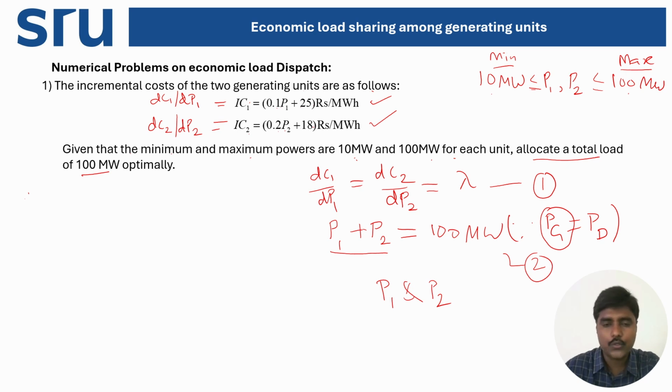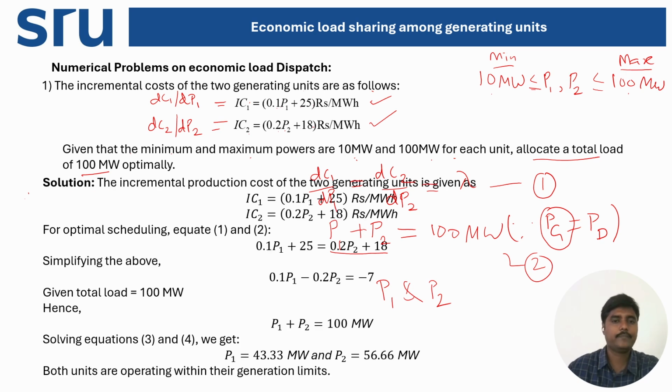So let me show the solution here for your reference. Based on equation 1, you can equate these two, IC1 and IC2. That is nothing but 0.1 P1 plus 25 is equal to 0.2 P2 plus 18. You can simplify this further.